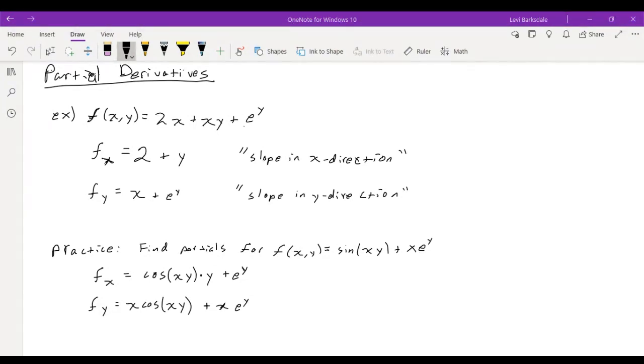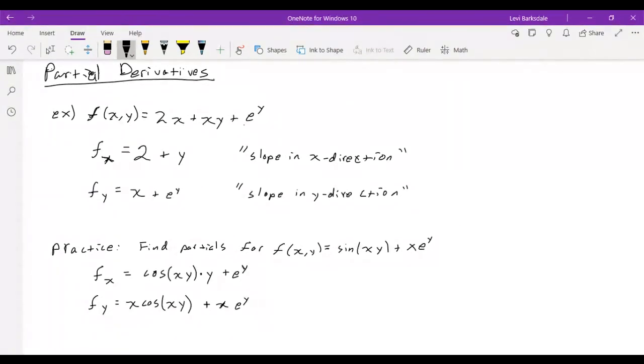Yeah. So we're taking the derivative with respect to y. So one way to think about it is like if we were taking the derivative of 2e to the y with respect to y, well, we just leave the 2 out front because it's a constant coefficient. The derivative of e to the y would be e to the y.